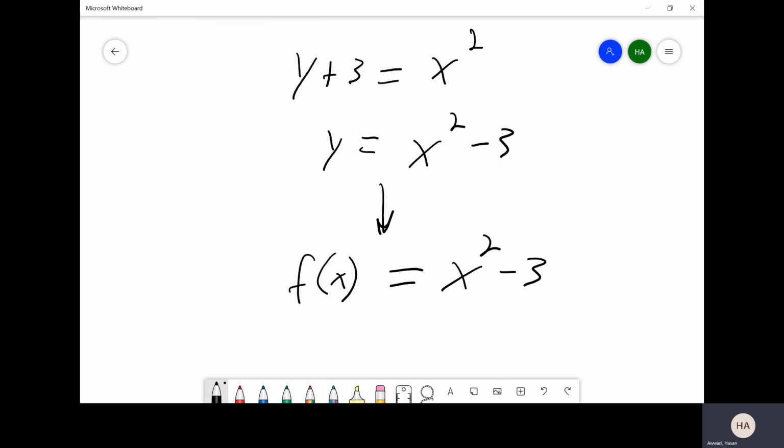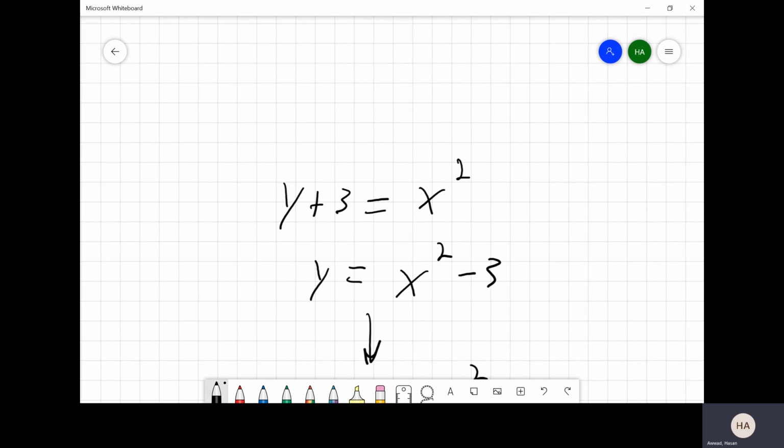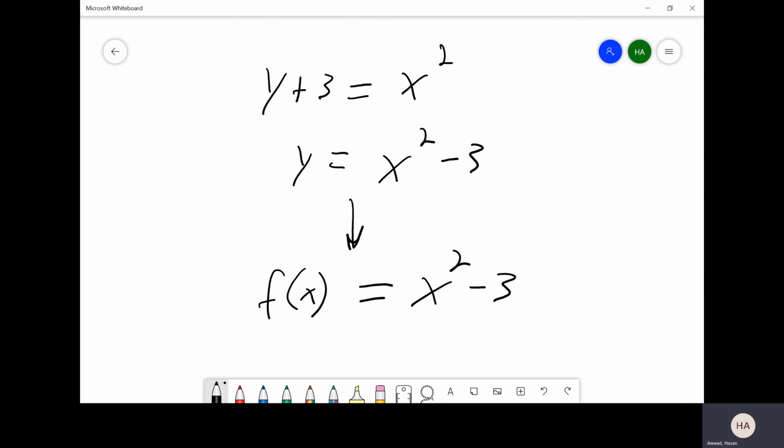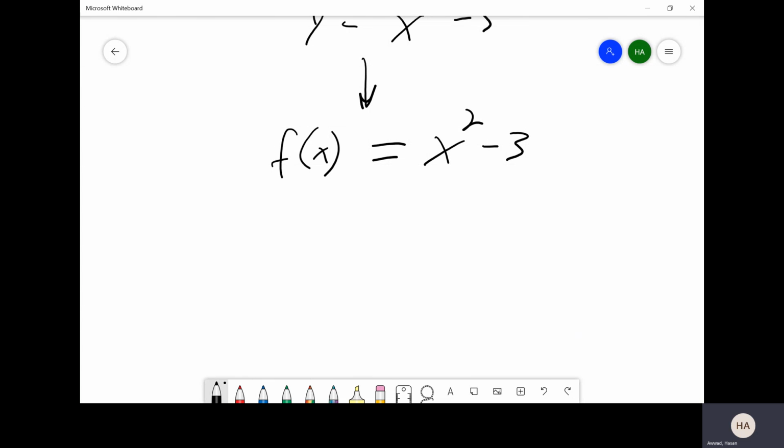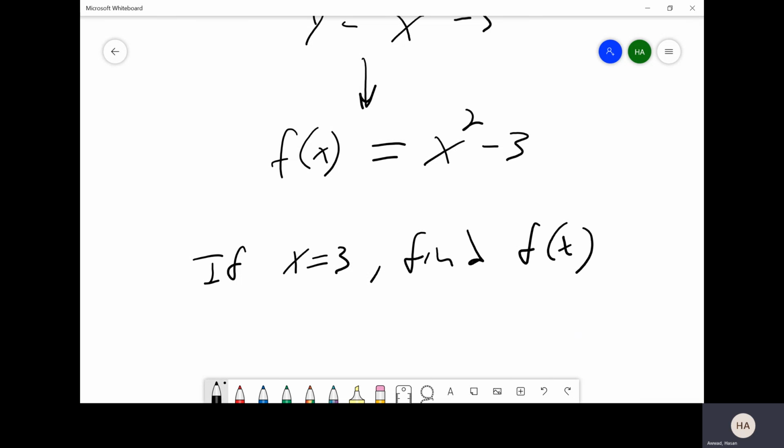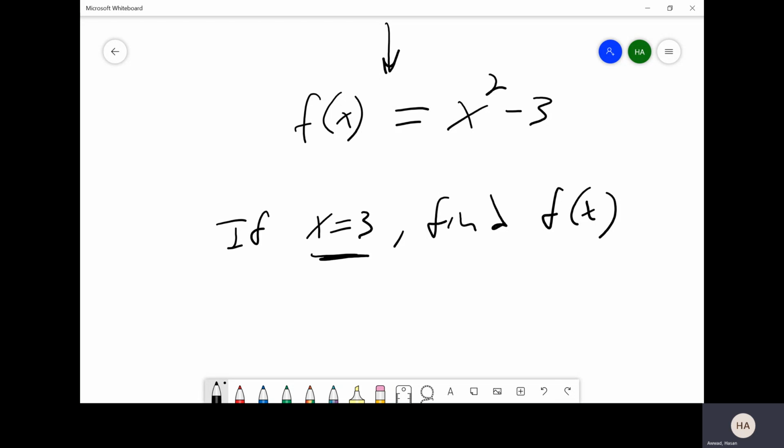Let's say, for example, based off of what I have right here, I want to see what f of x would be if x is equal to 3. So if x is equal to 3, find f of x. Okay, well, that's really easy, right? We know that this right here tells us x equals 3. X is 3.